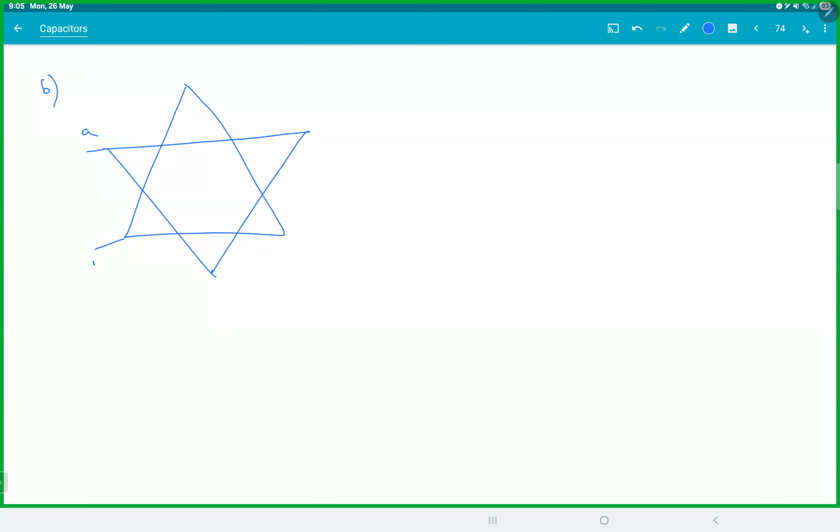This is A, this is B. Yeah, if you see, this is a symmetrical line. This is your bisector symmetry. A and B are on either sides of the terminal. This triangle here is 3C by 2.